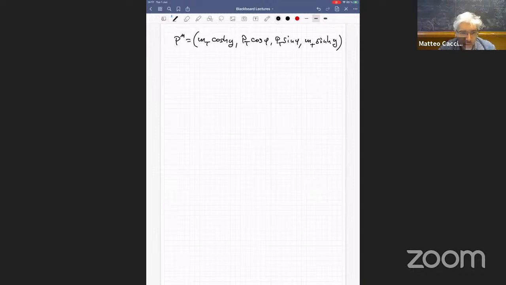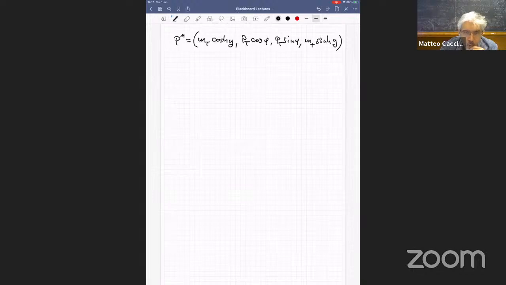It is perhaps a half a page calculation to show that this is indeed the case. I would not do it in detail, but you can easily check, again using the definition and manipulating a little bit, that this is indeed the case.